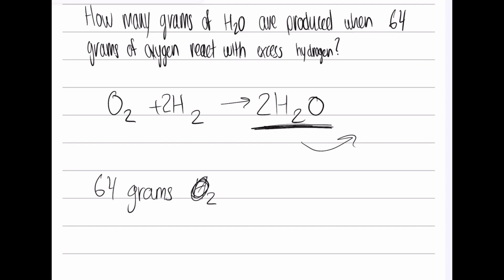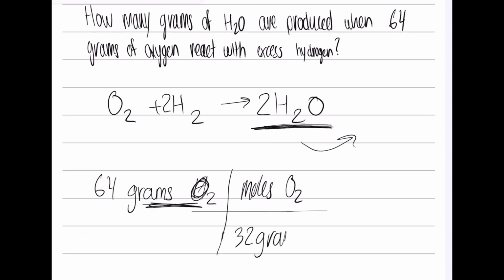So 64 grams of O2, what I like to do is set it up like this, where you have the same units as right here. So we have grams of O2, and we want it to cancel out so that we get moles of O2, and then we use the molar mass of O2. Well, oxygen by itself is 16 grams, so 2 of them is going to be 32 grams of O2.